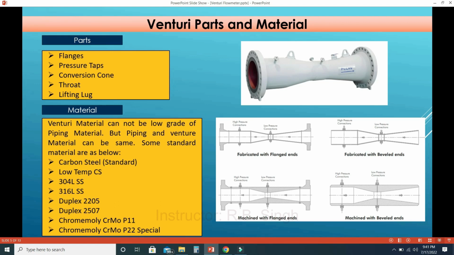Some common or standard materials available in the market are carbon steel, low temperature carbon steel, stainless steel 304L, 316L, duplex material 2205 to 2507, chrome alloy CRMO P11, chrome alloy CRMO P22, or any other special material can also be taken from the vendor on special request.